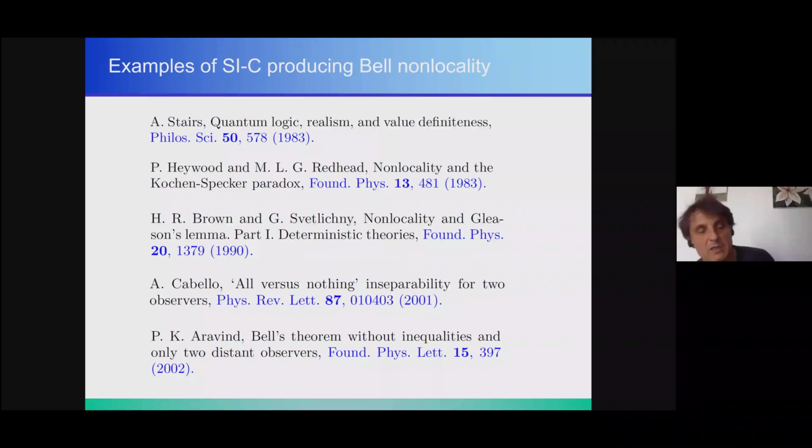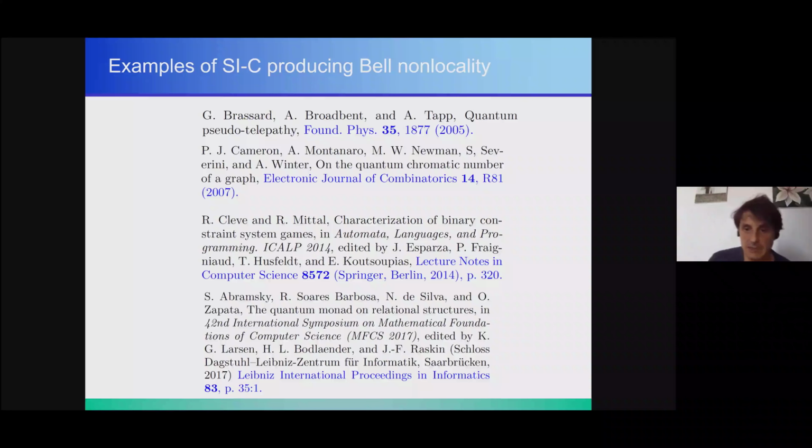After the GHZ set, there was also a rebirth of this, the story of all-versus-nothing, and Bell inequalities inspired by Kochen-Specker proofs. Then there's a contribution by Aravind converting this into a game, which was named pseudo-telepathy by Brassard, and then incorporated in the vast field of nonlocal games by many people, including Cleve and Russo, as you can see.